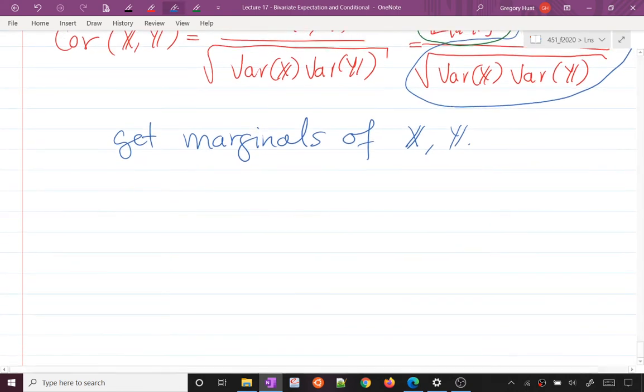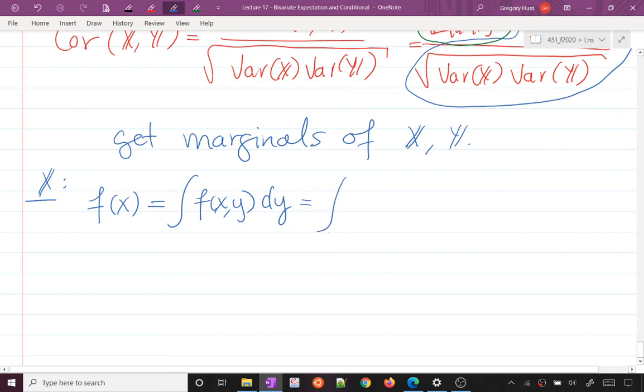So let's get the marginals for x and y. The first one is the marginal of x. We know that the marginal PDF of x we get if we take the joint of x and y and integrate out y. In this case, we integrate y from x to x plus 1, and our joint PDF is 1.